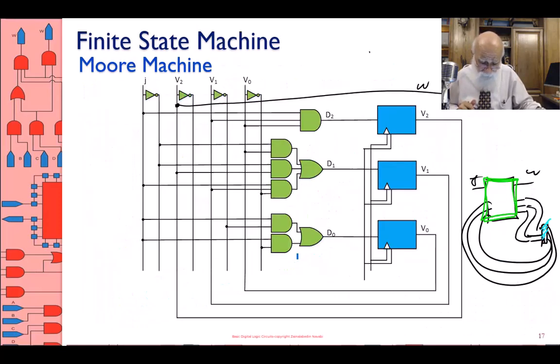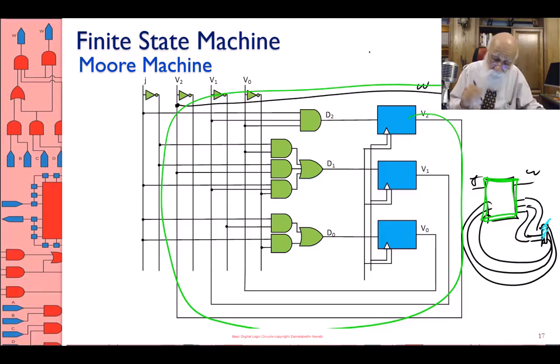Notice when we are back here, I'm taking my W from V2. But instead of taking V2 from here, I went all the way around and took my output from the input V2.